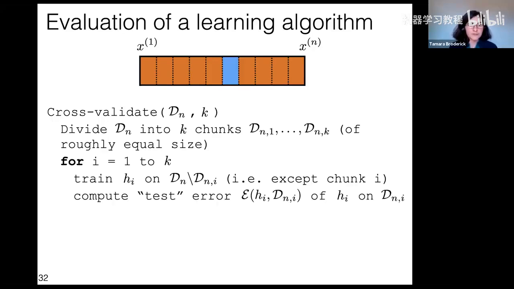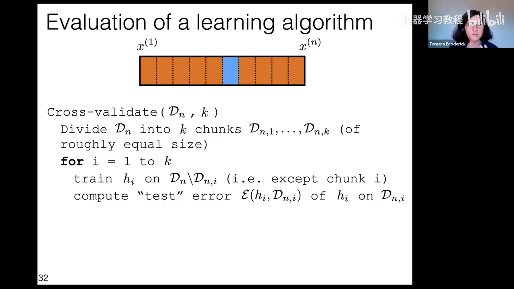Now we're going to compute "test" error. I'm putting test in quotes because we talked about test error as being on some new, totally different data that we had never seen before. Well, our learning algorithm hasn't seen this data, so we can think of it as being new to our learning algorithm. We're going to compute the error on this new data, and the new data here is DNi.